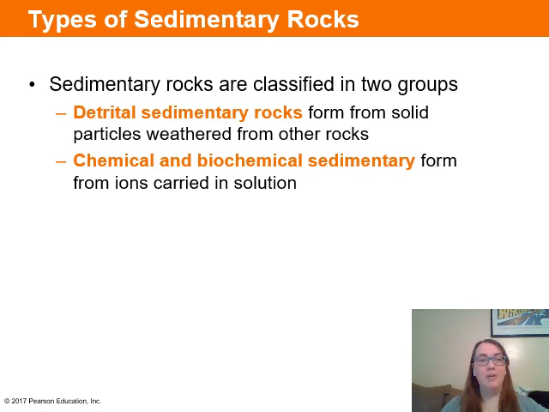So with detrital sedimentary rocks, they're just made up of multiple rock pieces or particles inside of it. Our chemical sedimentary rocks are going to be very different. Here, this is where we're going to have solids settling out of a solution, or just solids slowly sinking towards the bottom out of a liquid.